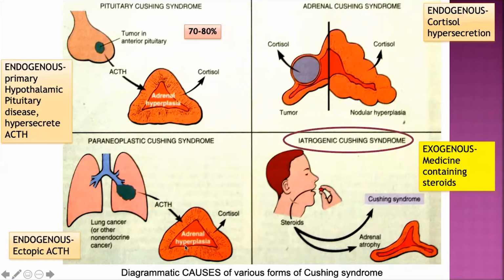For example, a patient with lung cancer producing a lot of ACTH that stimulates the adrenal gland. The adrenal gland becomes hyperplastic and produces a lot of cortisol. All right, you need to understand this picture.